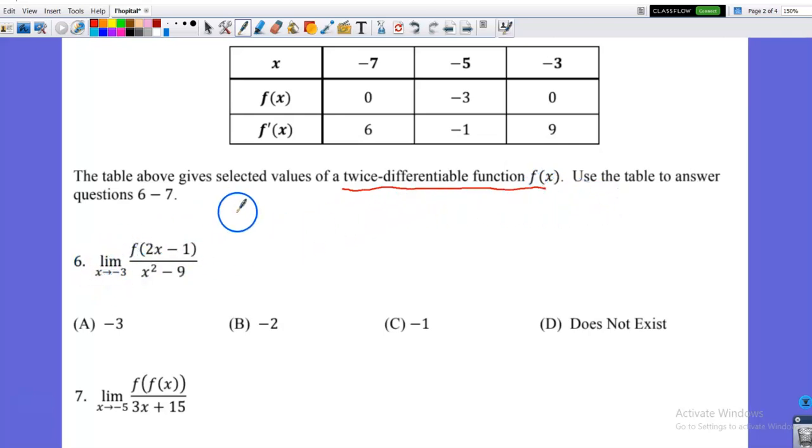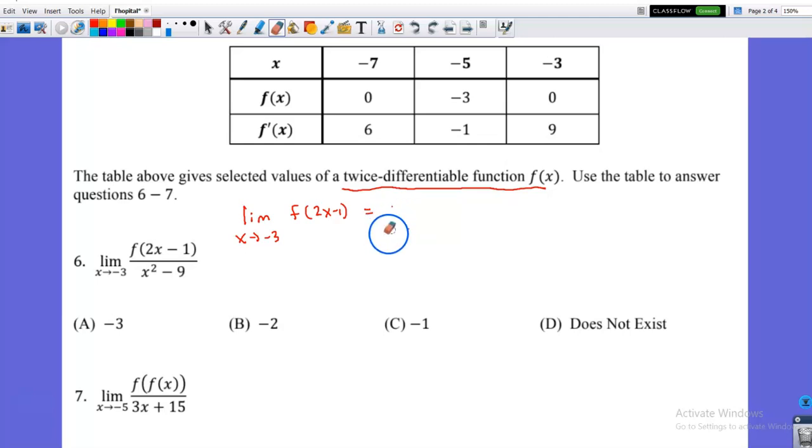In number 6, we're finding the limit as x goes to -3. So in anticipation of L'Hopital's rule, I'm going to find the limit as x goes to -3 of the numerator. If I'm going to substitute -3, I don't need the limit anymore, do I?